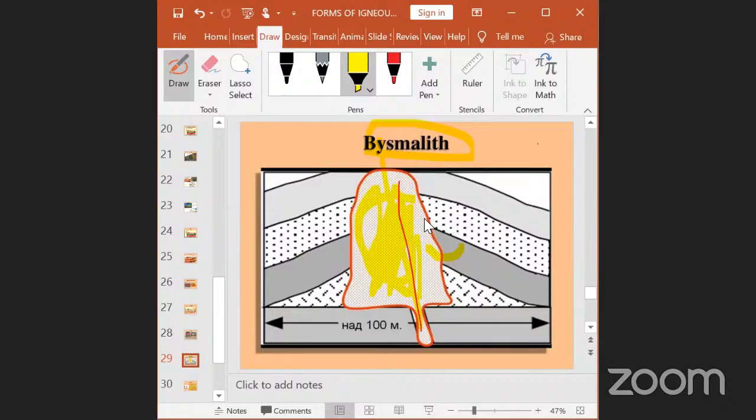So the net result is that the igneous body appears as if it has punctured through the surrounding country rock. Such a form appears partly concordant and partly discordant. Right? This is the bysmalith.